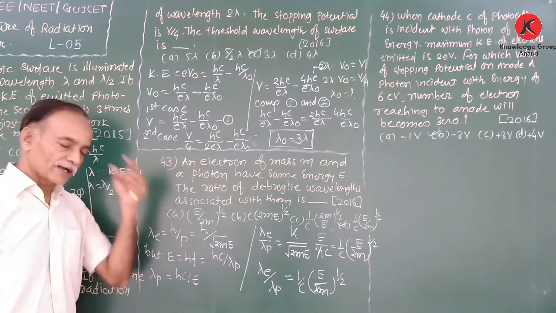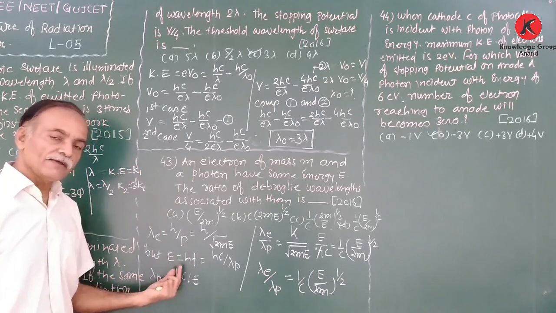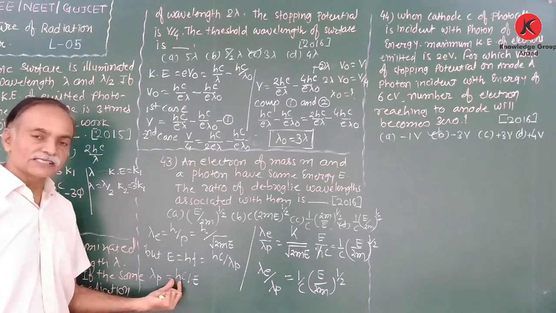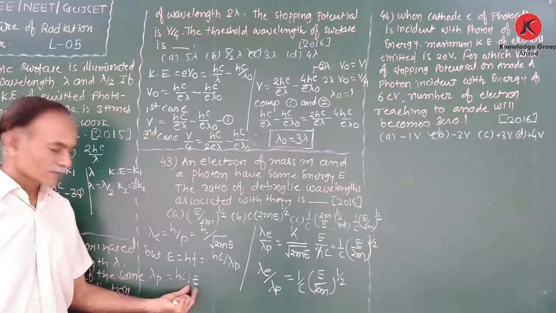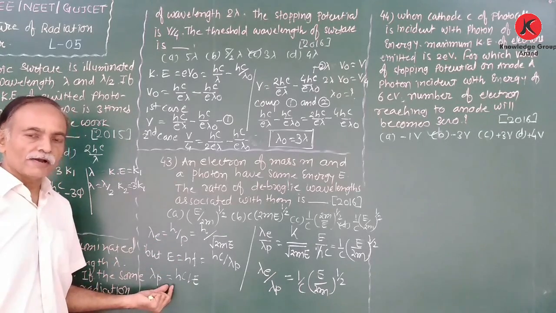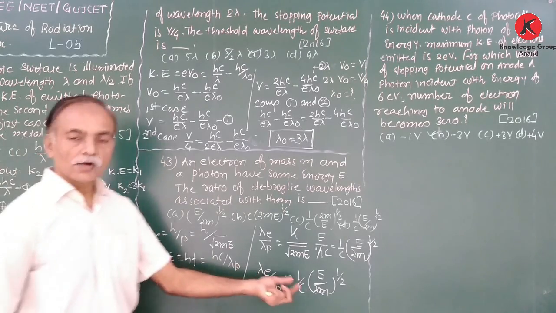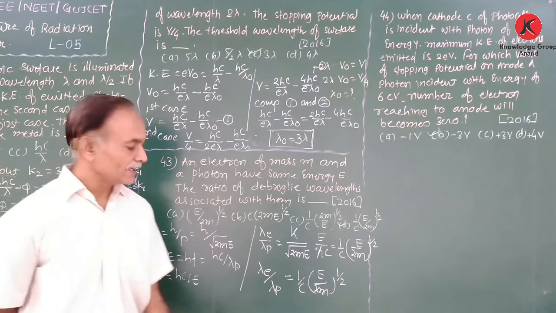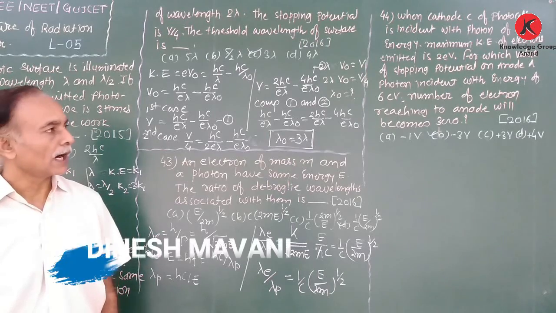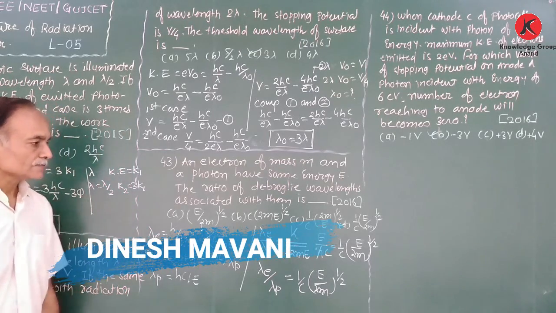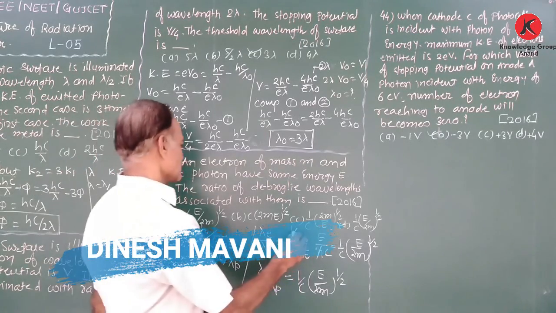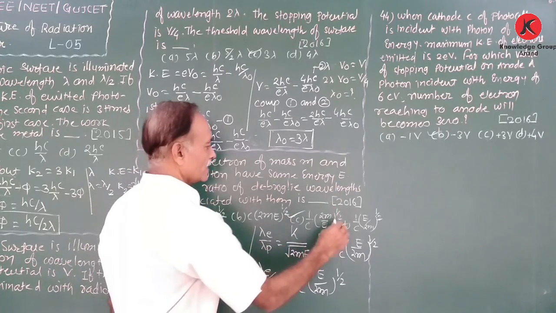Therefore, hc upon lambda p. Therefore, the de Broglie wavelength of photon lambda p is equal to hc upon E. Now, taking the ratio of wavelength of electron to the wavelength of photon, so we obtain 1 upon c into bracket E upon 2m raised to half. So that is our answer. Answer is option D.